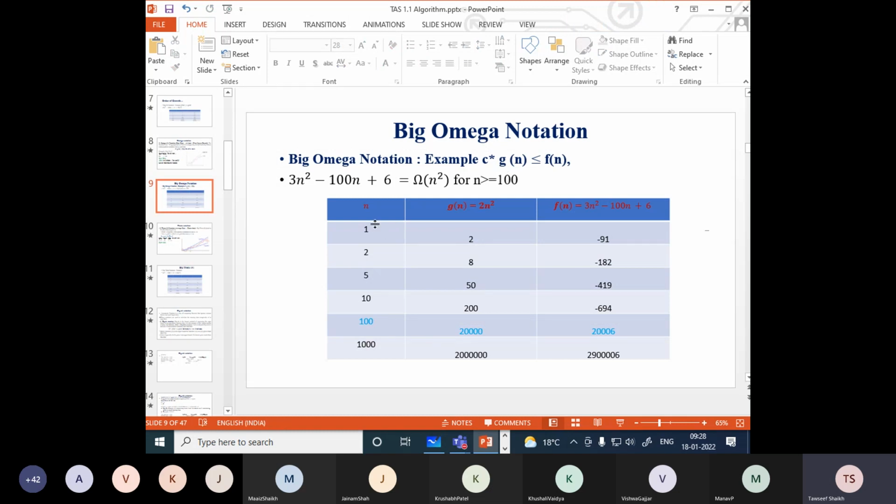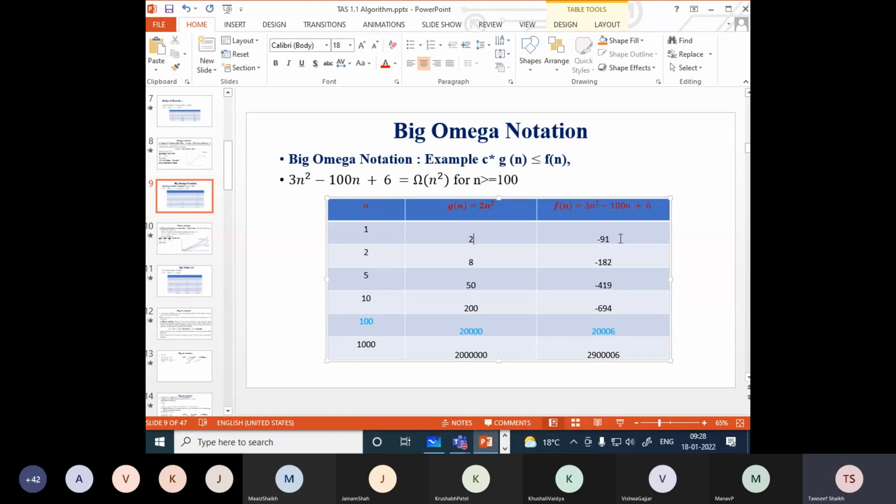So when we put n is equal to 1, f of n becomes minus 91, and this will become 2, because we are taking c equal to 2 here, and 1 into 2 is 2. So c into g of n is less than or equal to f of n.